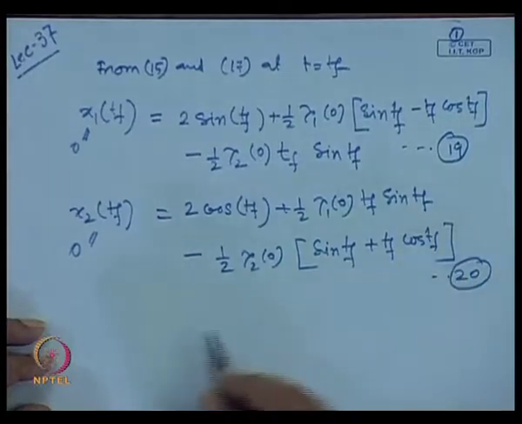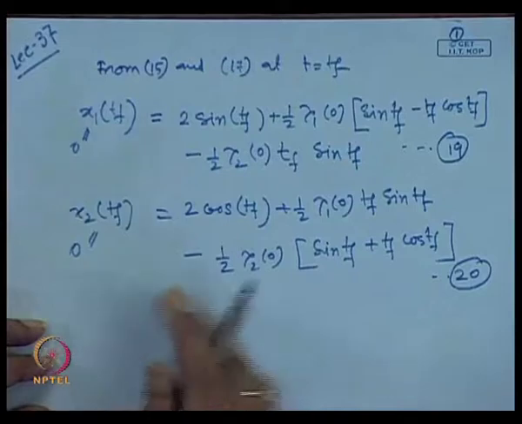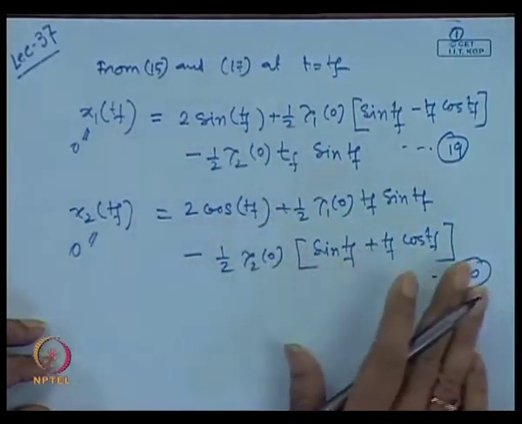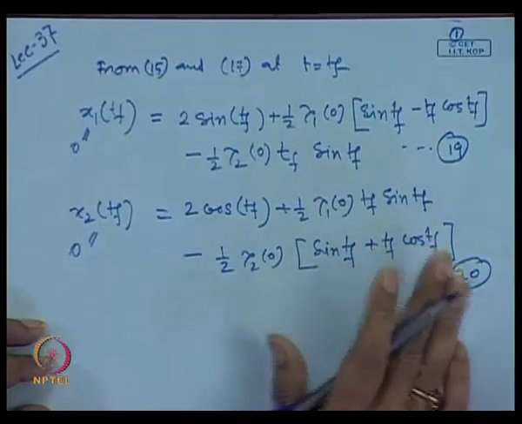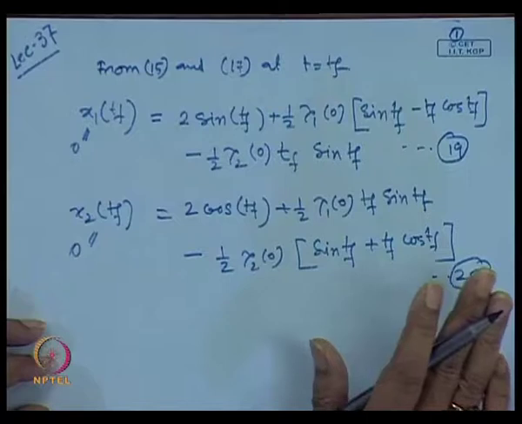Now see, there are 3 equations, 18 to 20, and 3 unknowns, but unfortunately these equations are nonlinear algebraic equations. So, you have to solve them by numerical techniques.